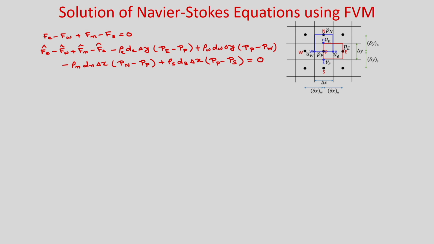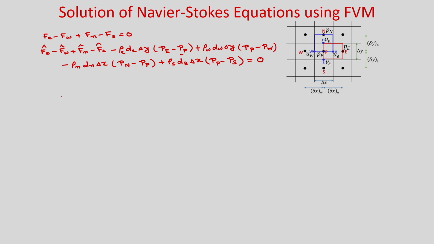So, now you can write in terms of Ap phi p is equal to summation of Anb phi nb. So, you can write Ap Pp is equal to summation of Anb Pnb plus B in this form. So, all the pressure Pp you take in the left hand side and all other terms you take in the right hand side. If you do that, you can see we have this Pp, Pp, Pp and Pp. So, these coefficients you take in the left hand side.